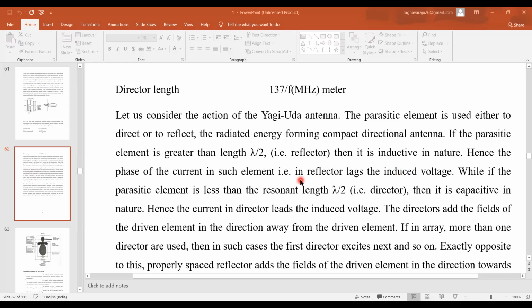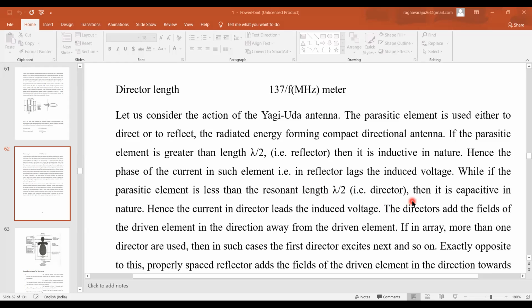While if the parasitic element is less than the resonant length lambda by 2, then it is capacitive in nature.